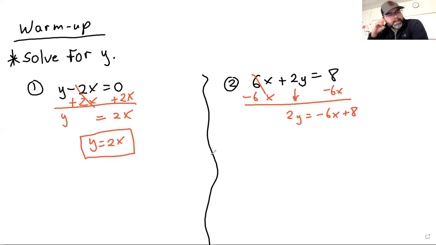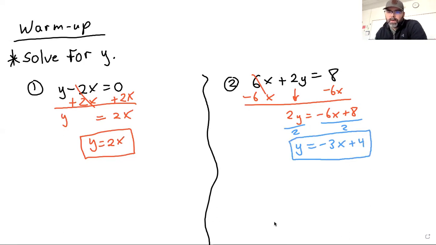Can't add 6x and 8 because they are unlike terms. Now we want to get rid of the 2, so we're going to divide both sides by 2. When you divide this whole right side by 2, make sure you divide the 6x and the 8 both by 2. So this is negative 3x plus 4.